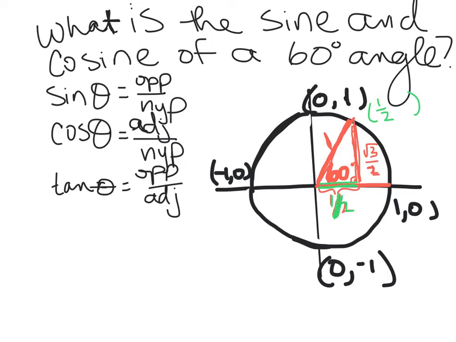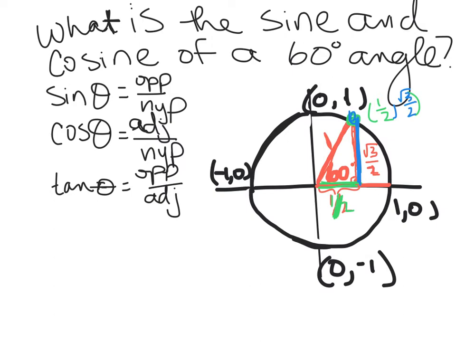Because my x value is the horizontal change to get to this point. The vertical change to get to this point, square root of 3 over 2, that's my y value.